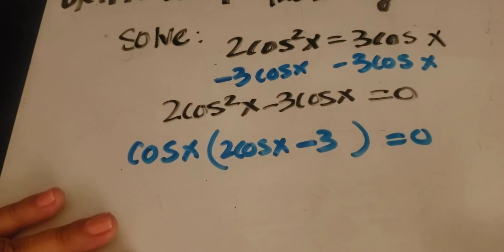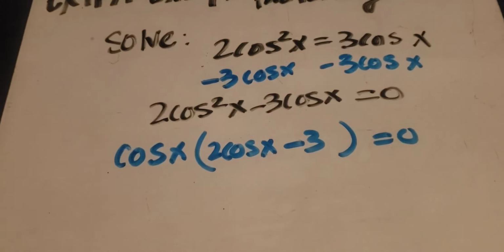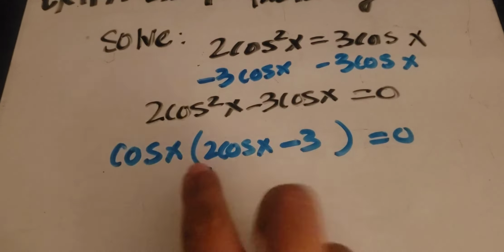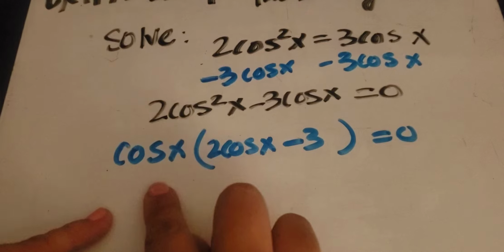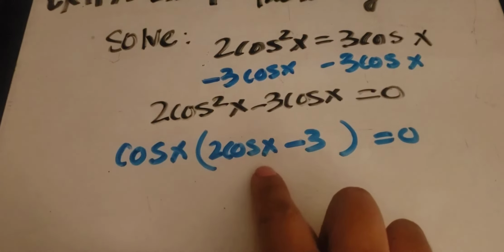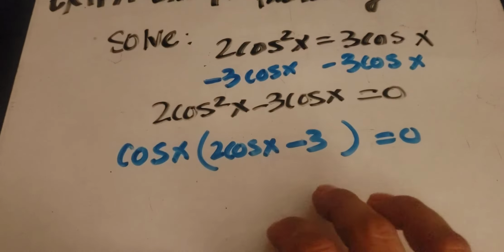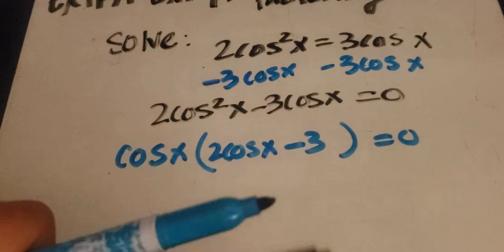Okay. Then pretty much what you're going to do is apply the zero product property. So it's almost like two factors because these are both factors. Cosine of x is a factor, and 2 cosine of x minus 3 is a binomial, but consider this a factor, equal to 0. So you're going to set each one equal to 0 and just solve for them individually.